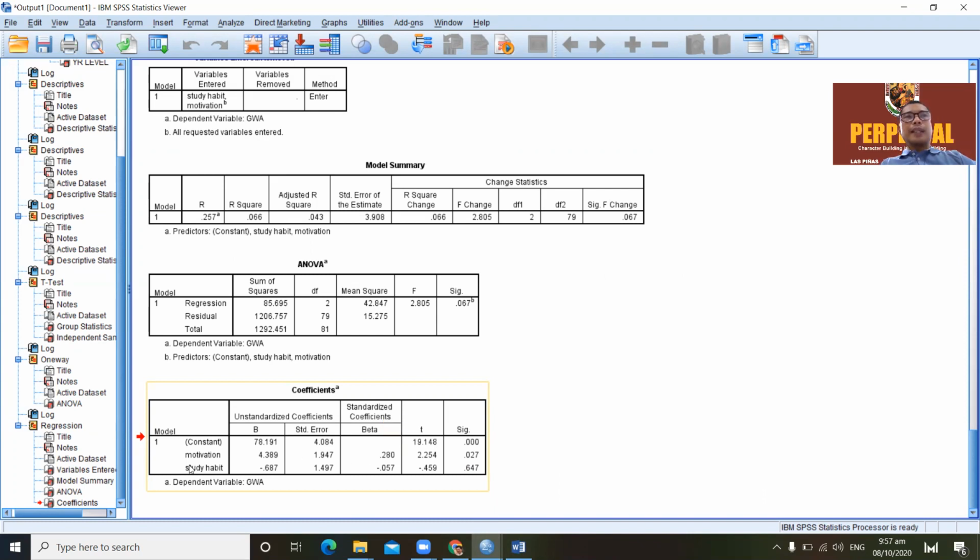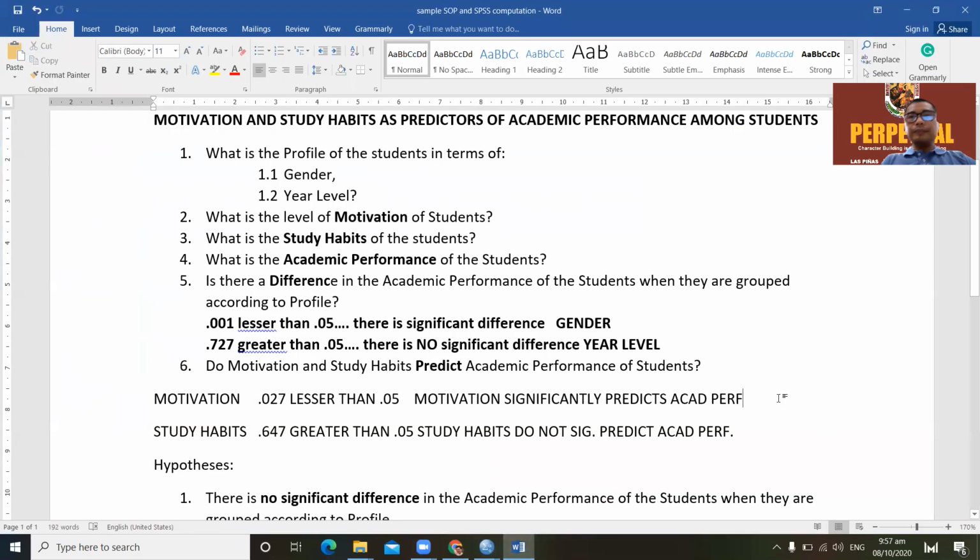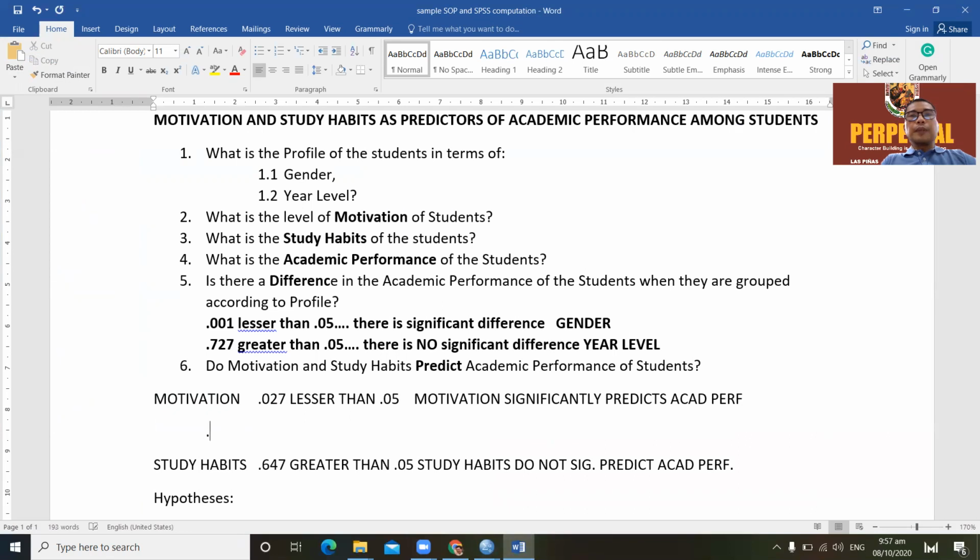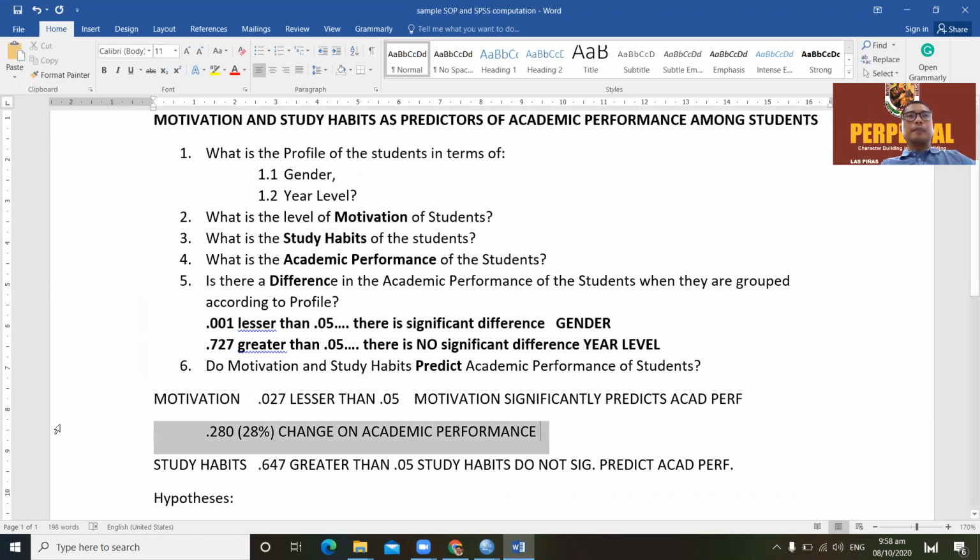We would only look at the data for motivation, because it is the only variable that has a significant effect. 0.280 is also equal to 28% change on academic performance based on motivation.